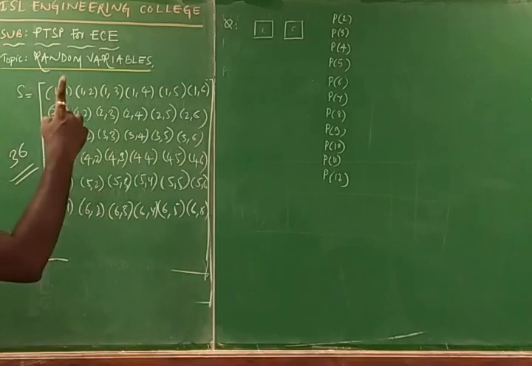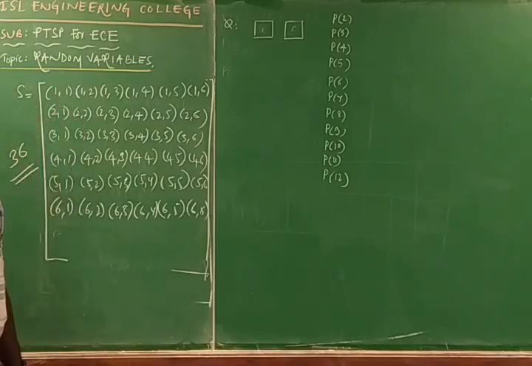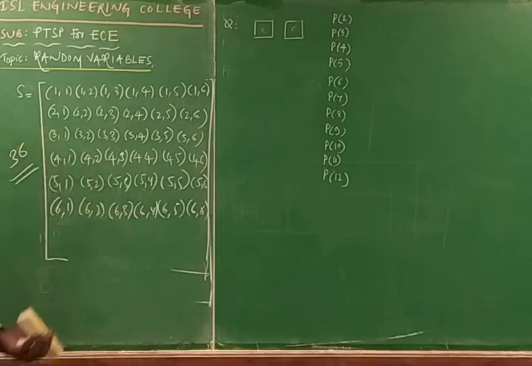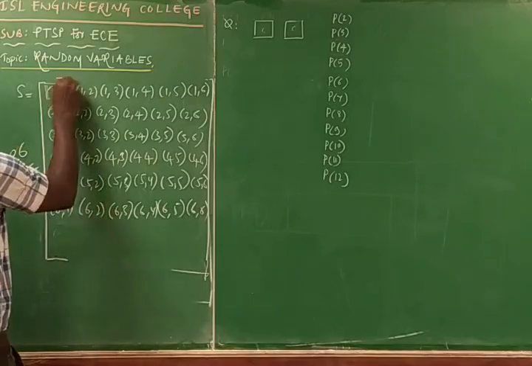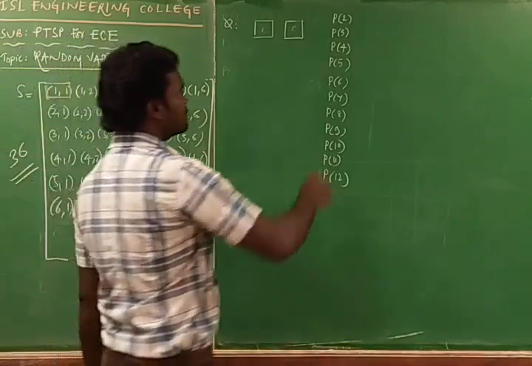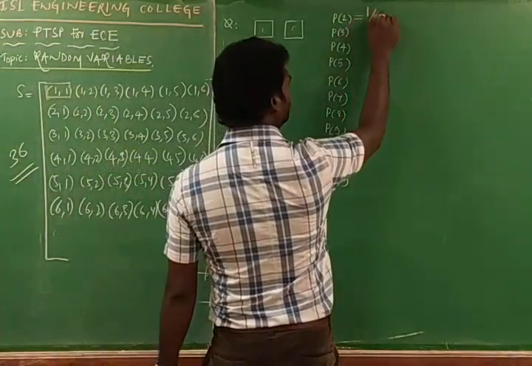First, we need to identify the outcomes whose sum equals 2. Only 1 plus 1 is 2, so the probability is 1 by 36.